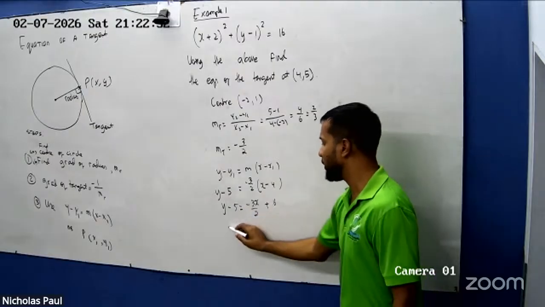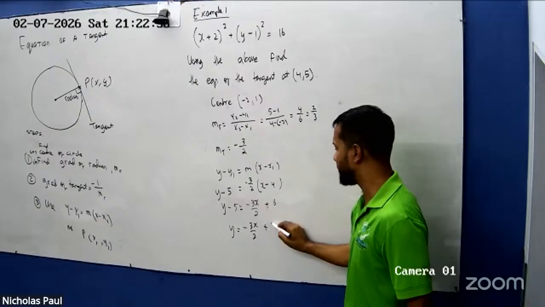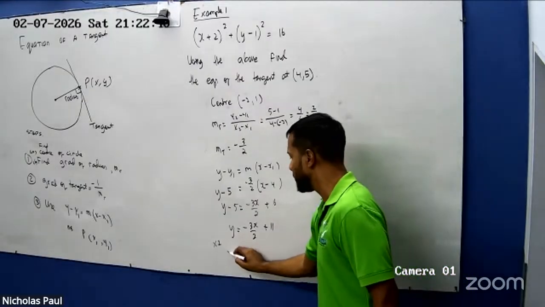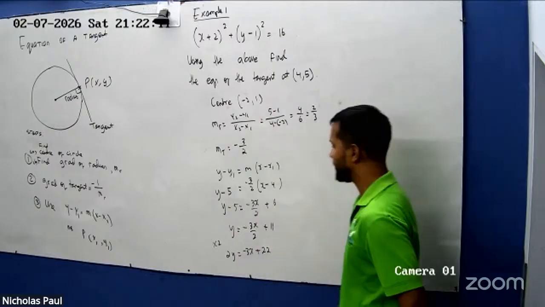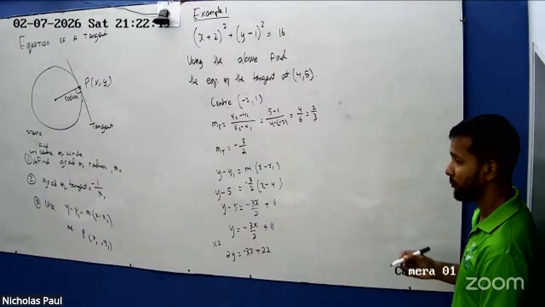Move it across. I got y equals -3/2 x plus 11. You want to make it look nice? Multiply by 2. You'll get 2y is -3x plus 20. That's okay?